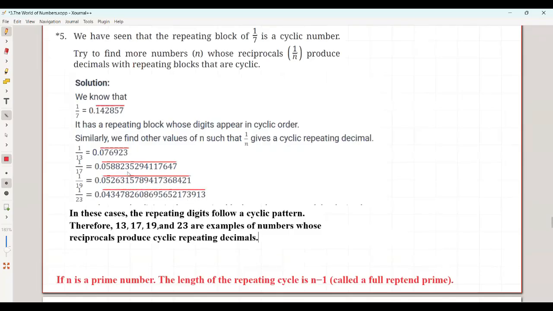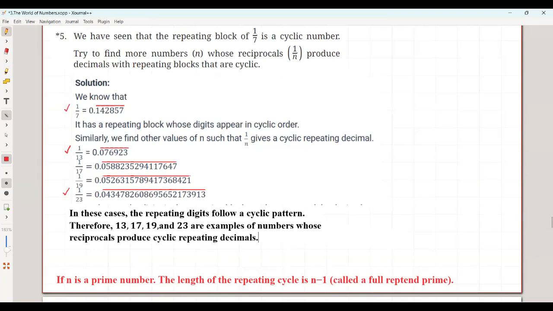Just see, 1 by 7 means the repeating block has 6 digits: 1, 2, 3, 4, 5, 6. 17 means 16 digits. So how can we find the length of the repeating block?